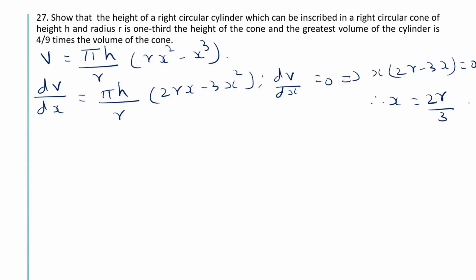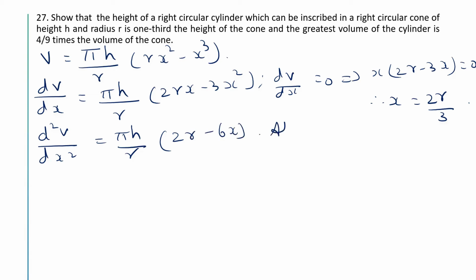Now we will find d square V by dx square. It is pi H by R into 2R minus 6x.